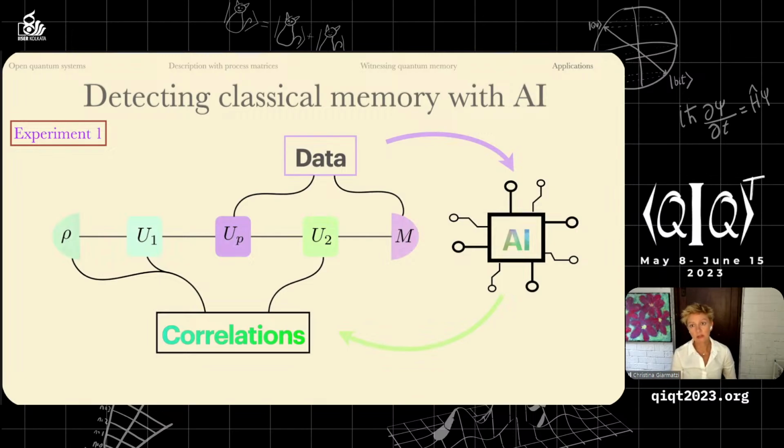So we thought, well, we can make a process matrix with photonics. You have photons and various degrees of freedom. I think we used polarization. You have a preparation of a state, then we can apply different things and then measure.